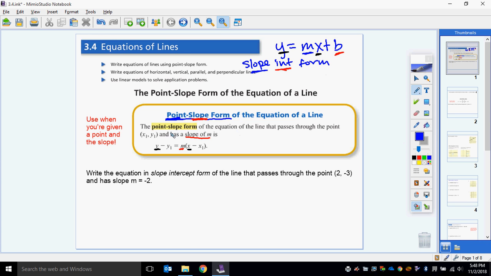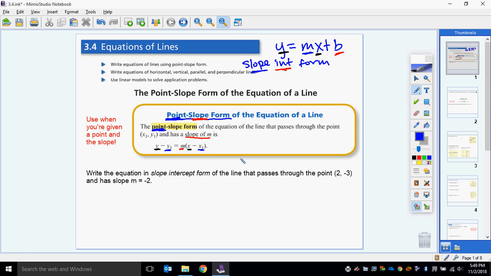And then we have y1 and x1. Those stand for a point on the line. So we know a point on the line and we know the slope of the line. And here we knew the y-intercept of the line and we knew the slope of the line. So if we are given a point and a slope, that's when we want to use this form.